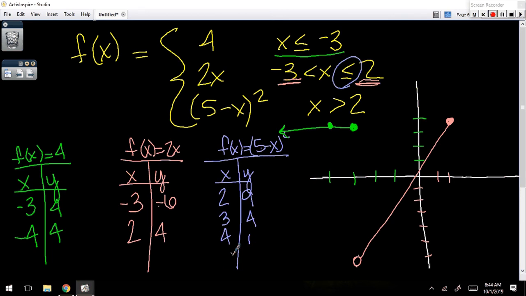So let's see. How about 5? It'd be 0. How about 6? 5 minus 6 is negative 1, and negative 1 squared. Now I'm dipping back around. Do you see how I told the numbers were going down, down, down, and then they started going up? That tells me I have enough points. Okay? I'm definitely going to plot the 2, 9.